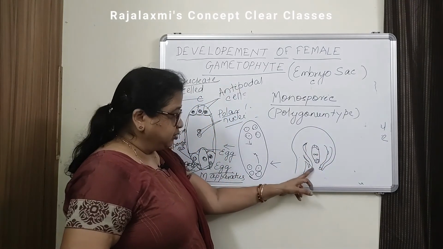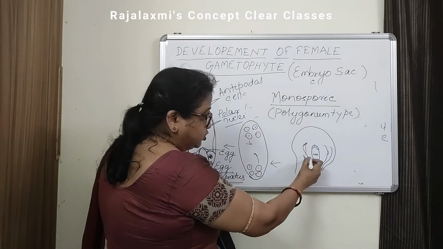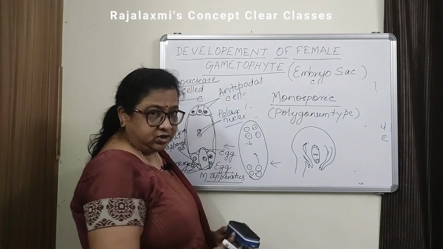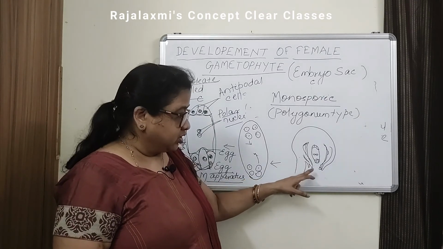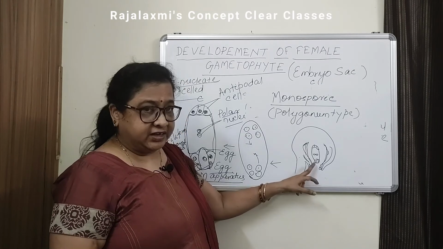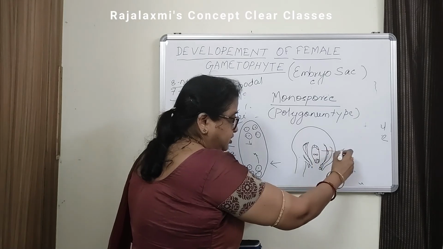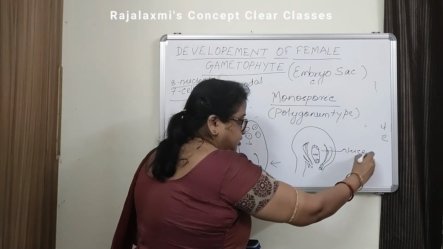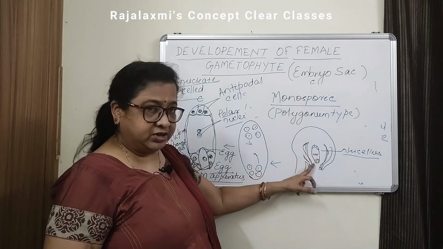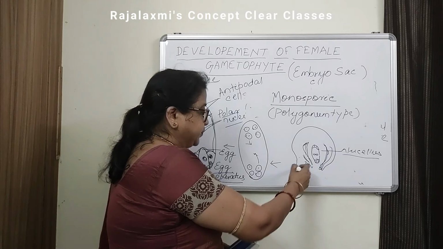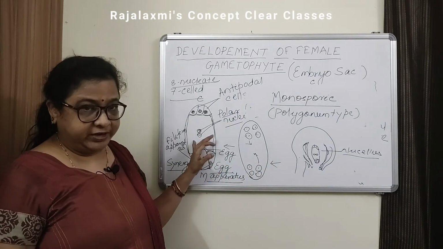And during the development of this female gametophyte, most of the nucellar cells are consumed or used up. So a mature ovule contains a female gametophyte at the center and a thin layer of nucellus. This is the nucellus, but most of the nucellar tissue is used up during the development of female gametophyte. So this is all about the development of female gametophyte.